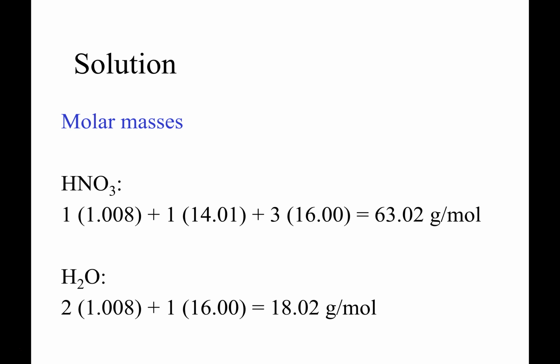So the molar mass for the solute is 63.02 grams per mole. And for the water, we're going to take 2 times 1.008 plus 16.00, and that'll give us 18.02 grams per mole. Like I said, we're going to work this twice.